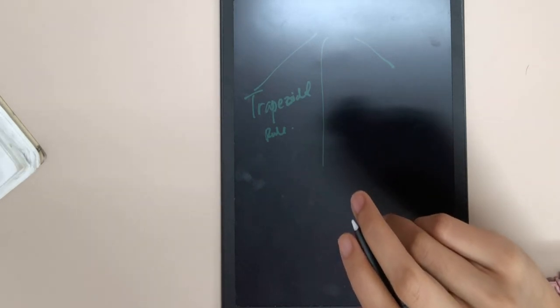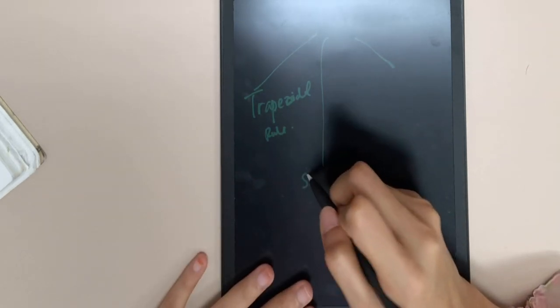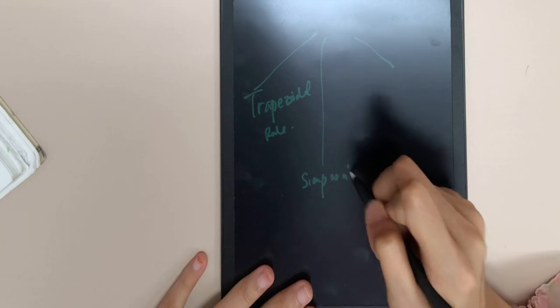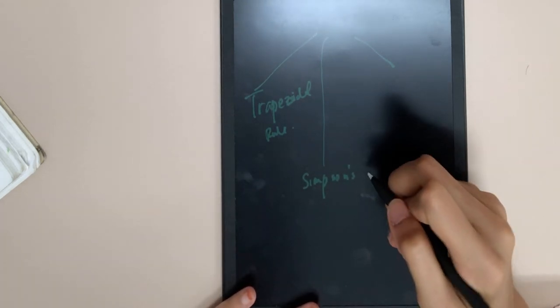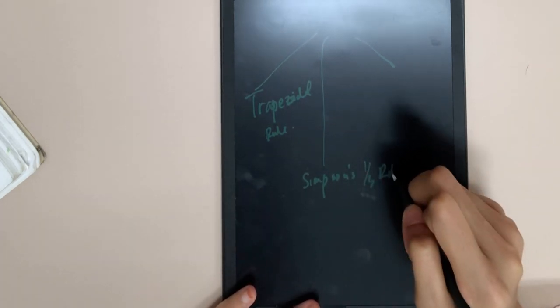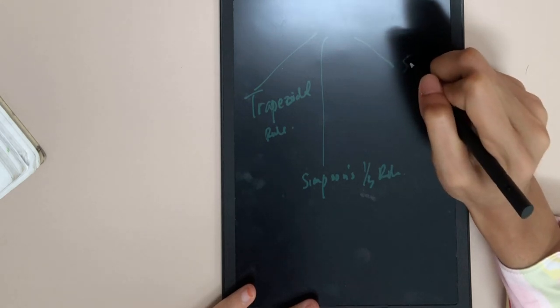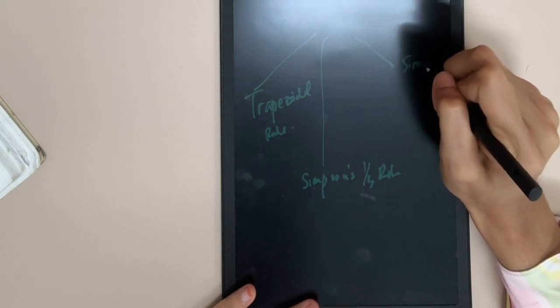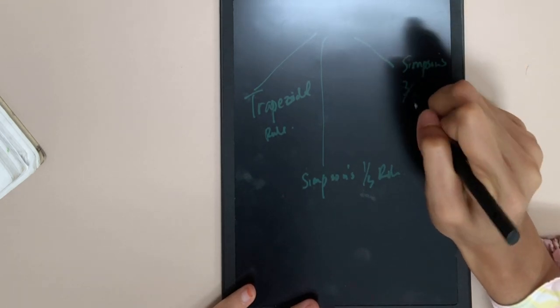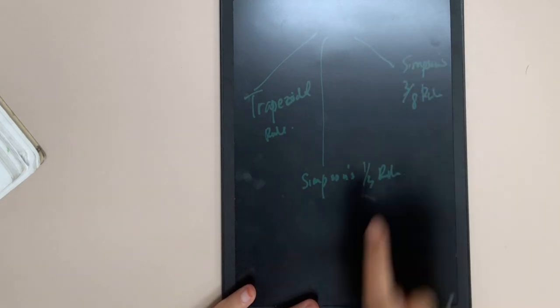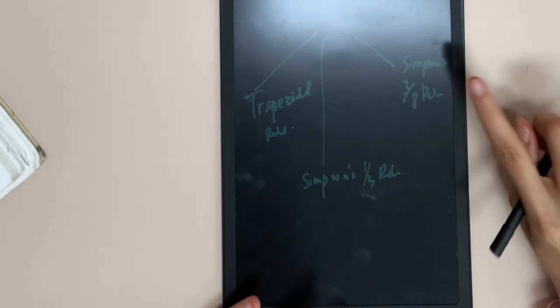And then we also have Simpson's 1/3 rule, which is named after a person, and Simpson's 3/8 rule. This one is 1/3, this one 3/8.